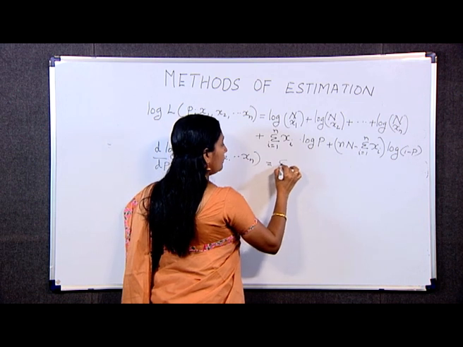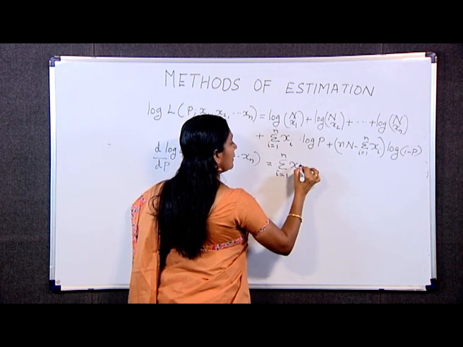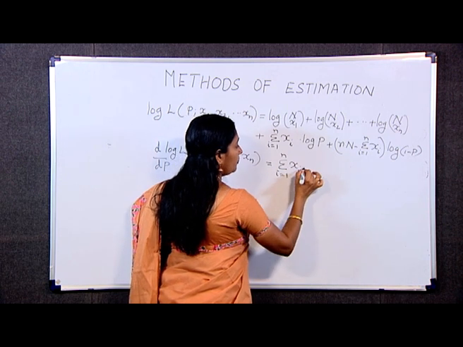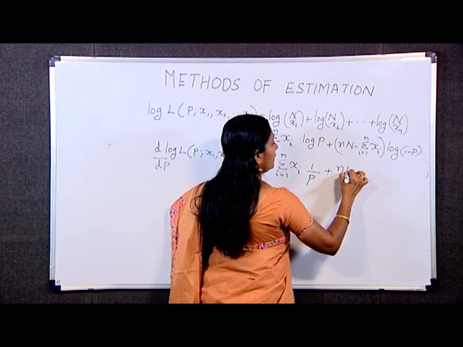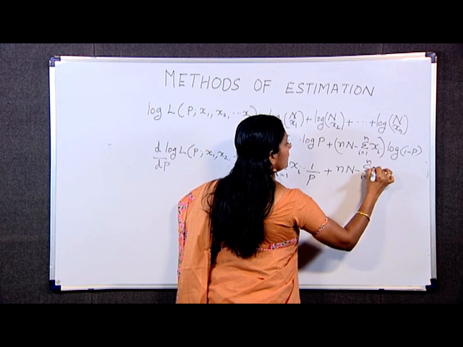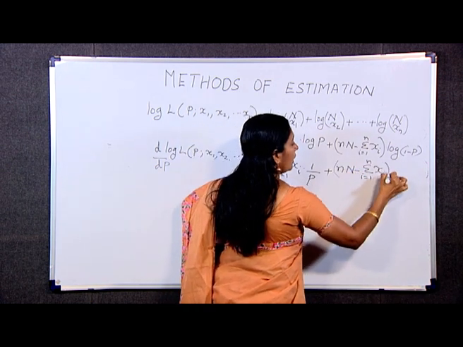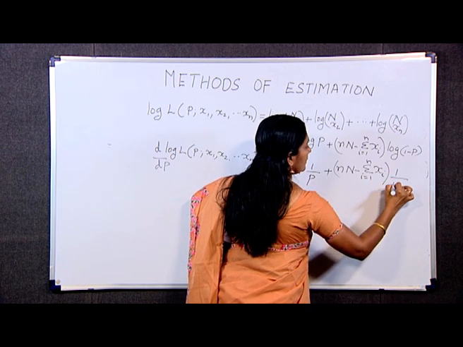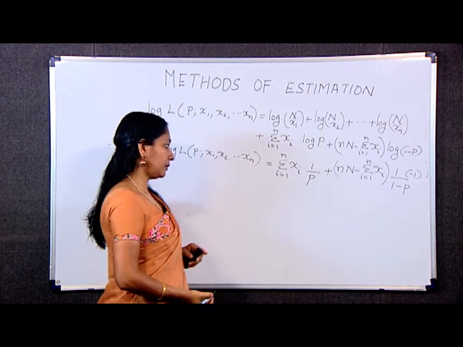So, here we have summation i equal to 1 to n xi into the derivative of log p, which is 1 by p, plus n into capital N minus summation xi into the derivative of log of 1 minus p, which is 1 by 1 minus p into minus 1.